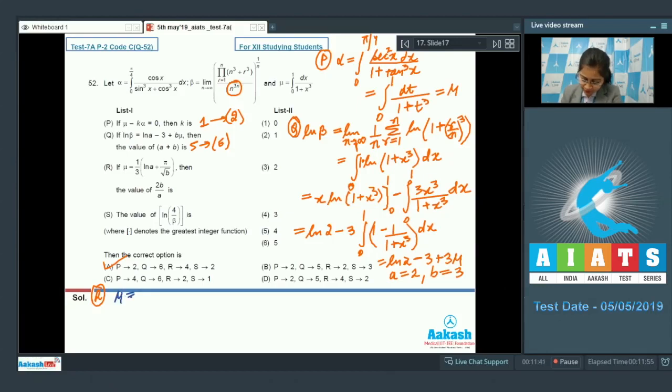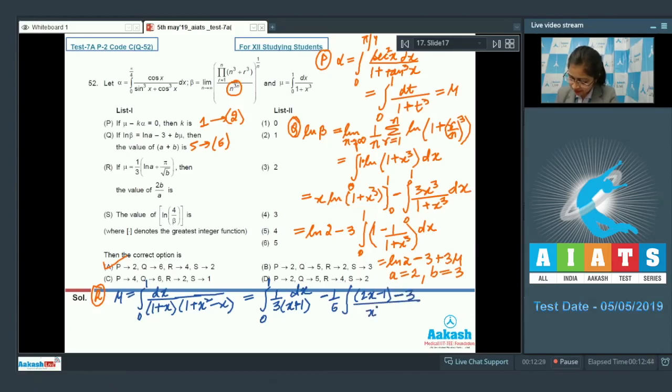So mu is equal to integral from 0 to 1 dx upon 1 plus x cube, that is a cube plus b cube, can be written as 1 plus x into 1 plus x square minus x. So this is equal to, by partial fractions, we can write it as 1 by 3 into integral of 1 upon x plus 1 dx from 0 to 1 minus 1 by 6 times integral of 2x minus 1 minus 3 divided by x square minus x plus 1 into dx from 0 to 1.